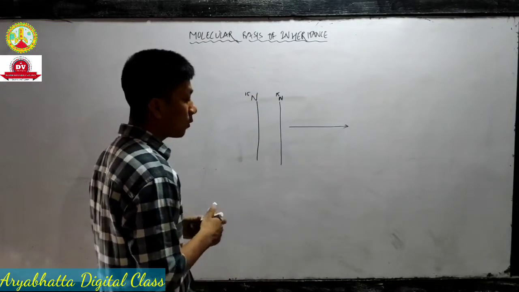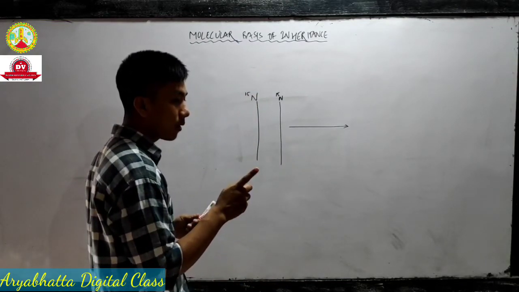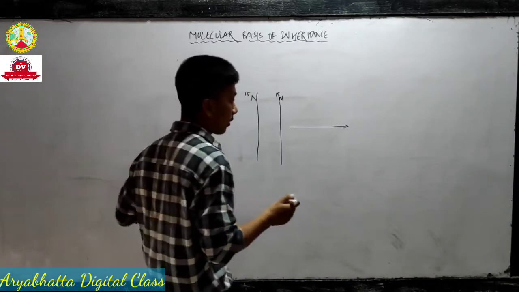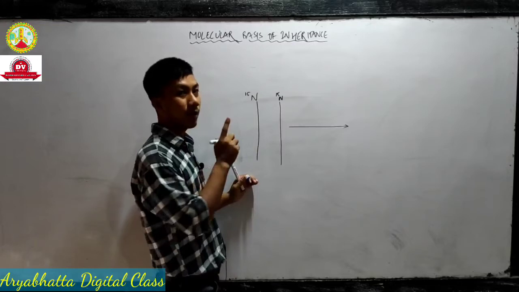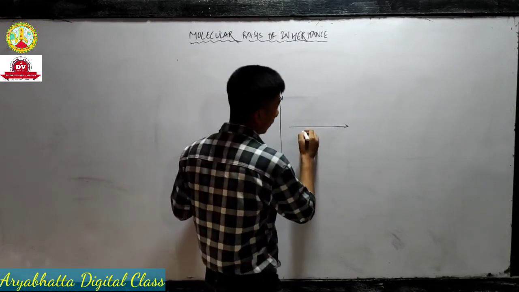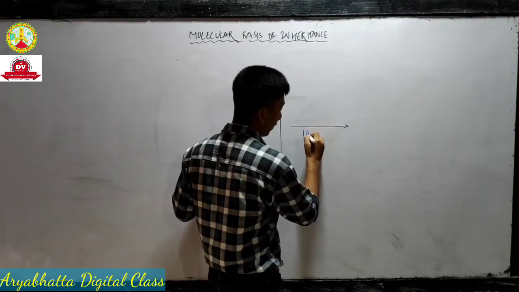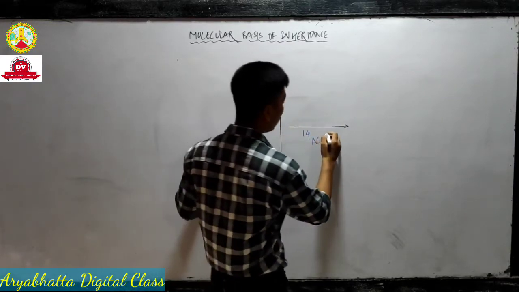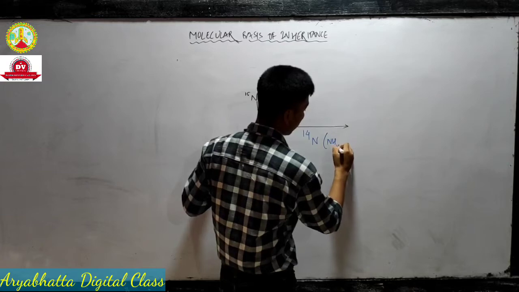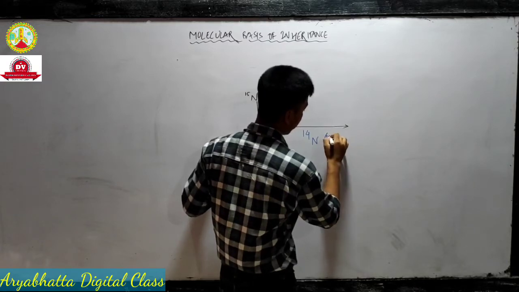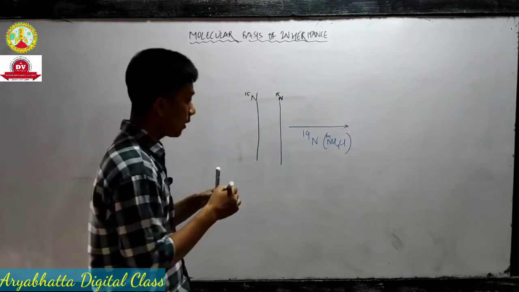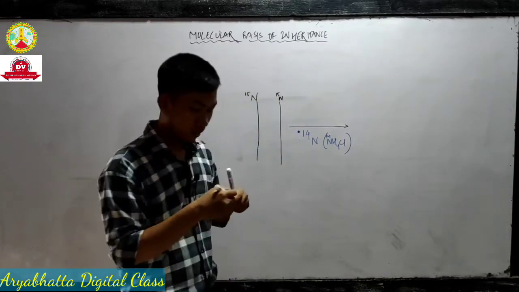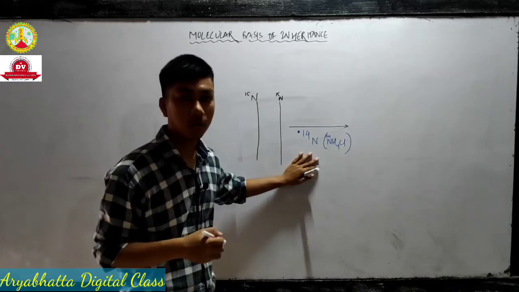Now they allowed them to divide along with the normal nitrogen. The normal nitrogen we write N14, in the form of NH4Cl. Here is N14. I didn't mention this one before, you can add this point also.